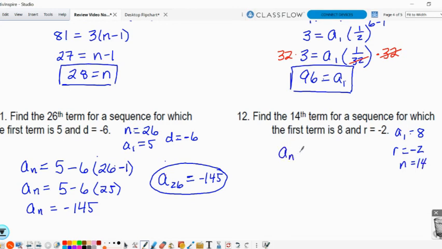Using our geometric formula, a sub n equals our first term of 8 times our common ratio of -2 to the power of 14 minus 1. Make sure you follow PEMDAS. You want to do the exponent first before you multiply by 8, or you can go to your calculator and carefully type this in, and our 14th term is -65,536.